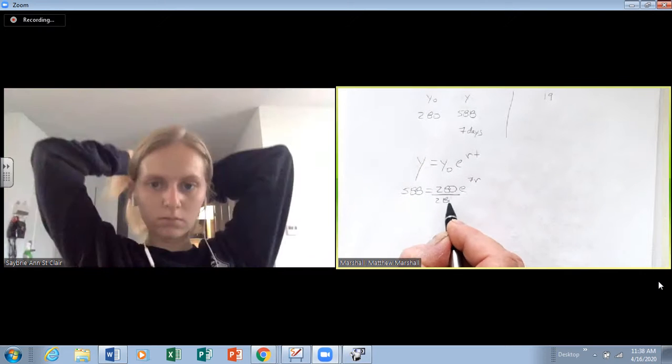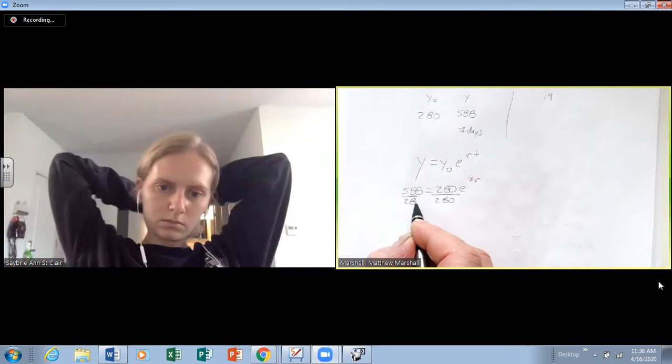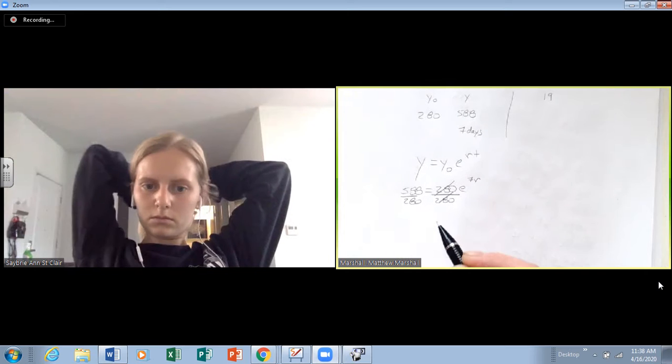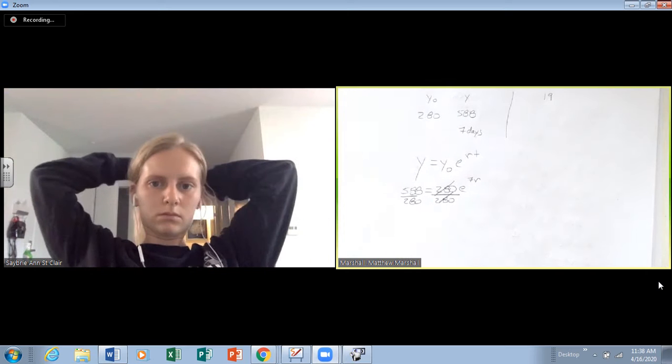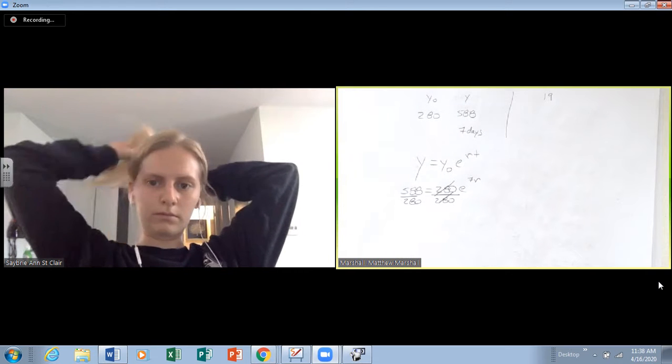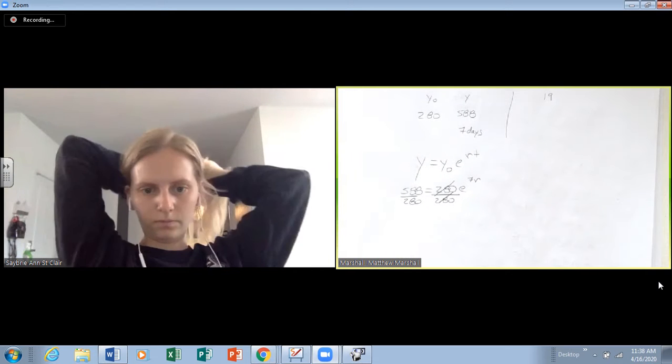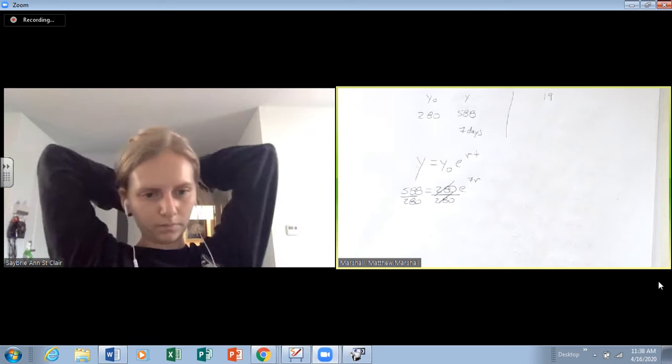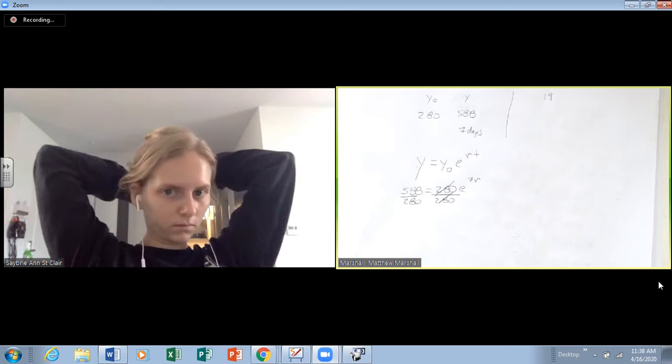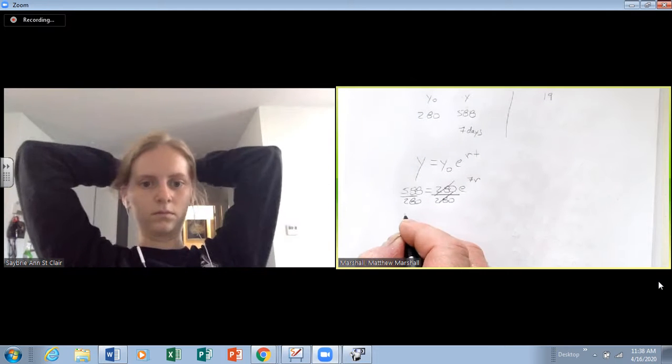Divide by 280. And then on my calculator, 588 divided by 280 gives me 2.1.